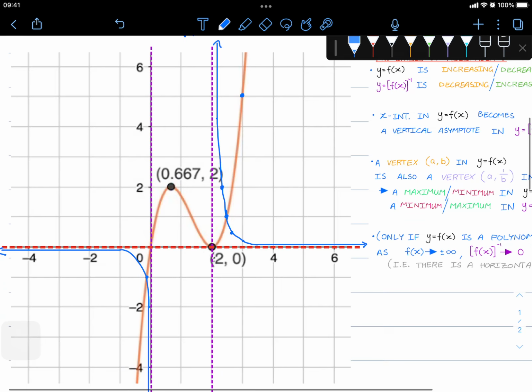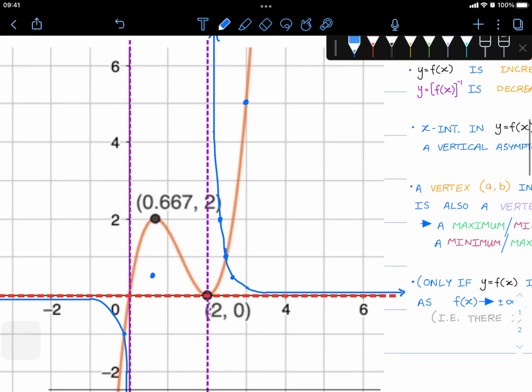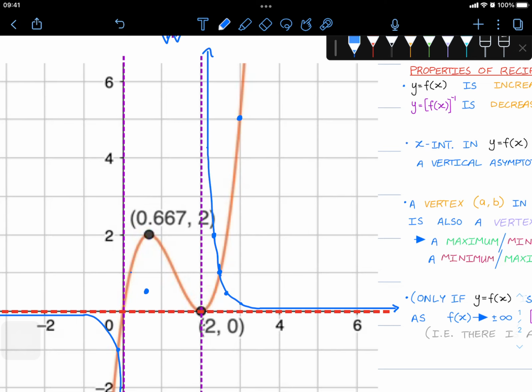And lastly, we need to focus on this bit here in the middle. Well, as we've stated, this is a maximum and its y value is 2. So therefore, when we take its reciprocal, it'll become half. At this point, it's 1, and at this point, it's also 1. I pick those points because those are the reciprocals.